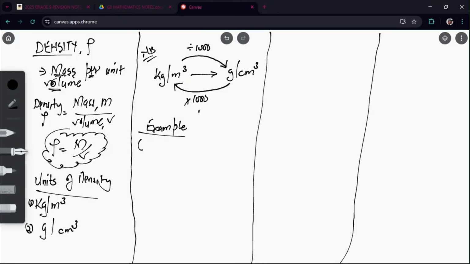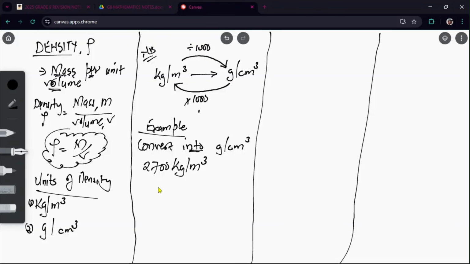Maybe they want us to convert into grams per centimeters cubed. Here you have one example: 2,700 kilograms per meters cubed. If they want to convert from kilograms into grams, we divide by 1000.